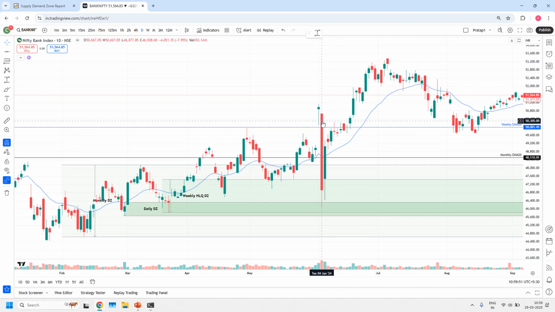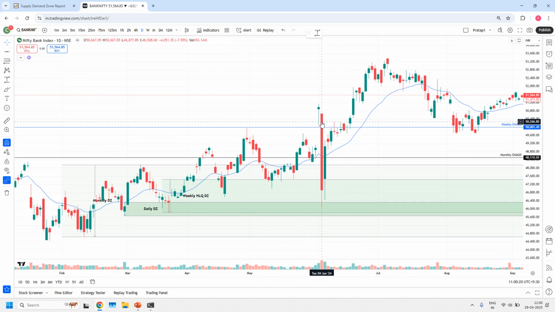And Bank Nifty, how many points was it down? 4,000 points, 7.95% down. See here, when I place my mouse on this candle, observe here. Now you are seeing minus 4051. That means 4,000 points down. That is 7.95%.